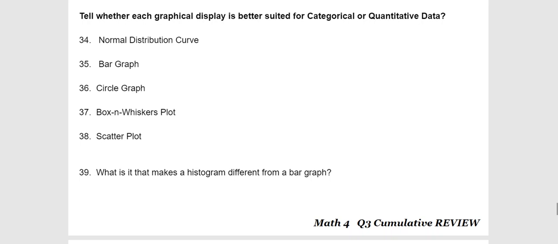You can have a bar graph. You can even have a circle graph with categorical. A scatter plot, not really. Scatter plot's more in terms of X and Y. And you're talking about categories here like January, February, and March.